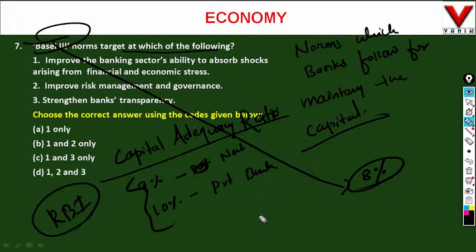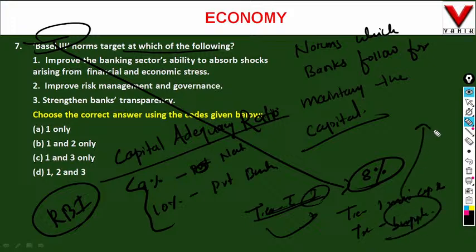There are tier 1 capital and tier 2 capital. Tier 1 is minimum capital requirement, and tier 2 is supplementary capital requirement for risks.